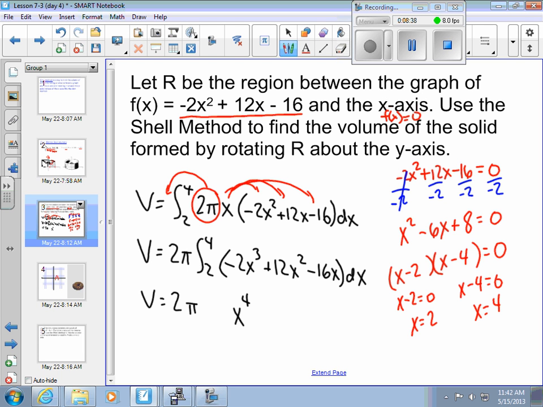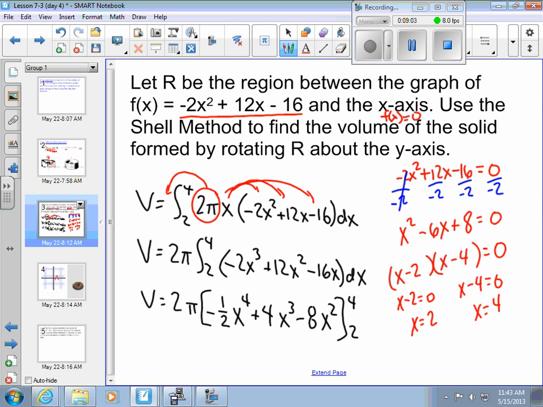If we multiply 1/4 times -2, that would be -1/2. Okay, let's go on to the next one. If we go up a power here, this would be x cubed. Reciprocal would be 1/3 times 12 would be 4x cubed. And same thing with our last one. Reciprocal would be 1/2 times 16 would be 8.